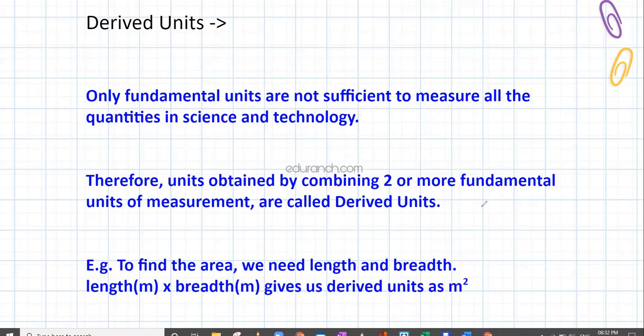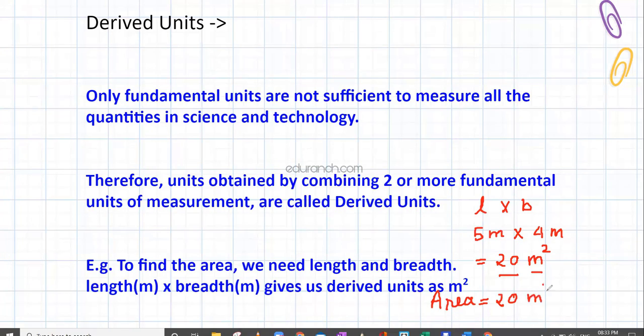Let's say we have L into B. Let's say we have our L as 5 meter and our B as 4 meter. To find the area, we will be multiplying 5 times 4, which is 20, and then meter into meter, which becomes meter square. So 20 is our magnitude, the area of this field or shape, and meter square is the unit. So 20 meter square: this is our magnitude and this is the unit.